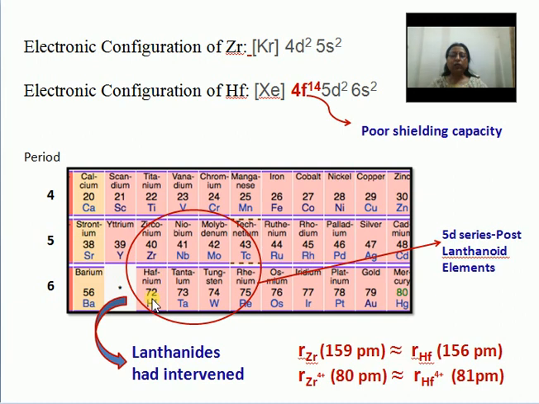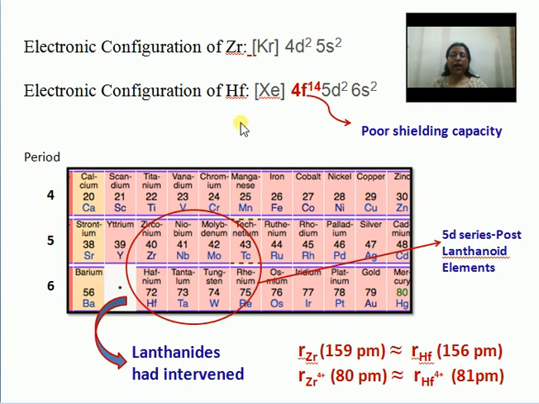And you will be surprised to note that the atomic and ionic size for all these pairs of elements are nearly the same, and this 5d series is called the post-lanthanoid elements because they are present after the lanthanide elements had intervened in the periodic table. For understanding that, you have to know about the electronic configuration of these elements.